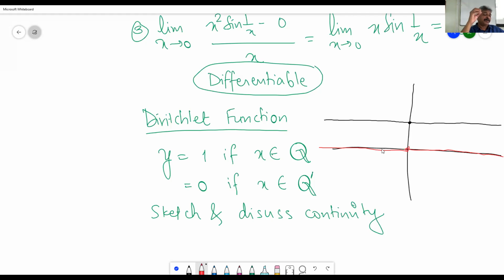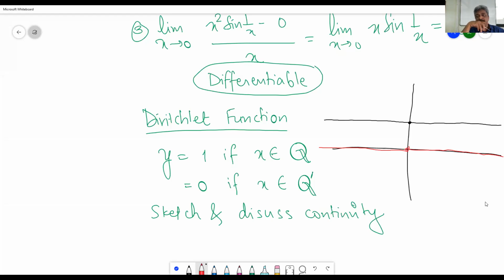But when you give the algebraic representation of this function, it of course is a very good function and it helps us. So that is why this is a special function, Dirichlet function. And the speciality of this function is, what is the speciality? It is discontinuous everywhere. It is not continuous at any point on x-axis.